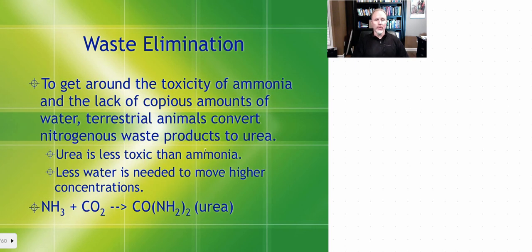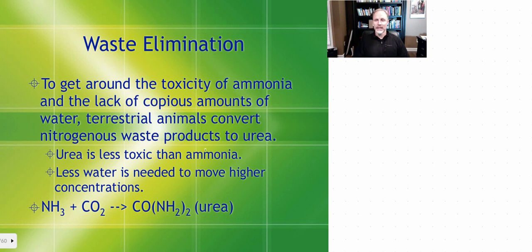Okay, so as far as terrestrial animals are concerned, to get around the toxicity of the ammonia, they're going to convert the nitrogen waste products into what's known as urea. It's less toxic than ammonia, but it still requires ample water in order to get rid of it.